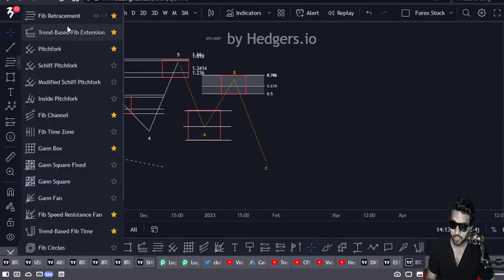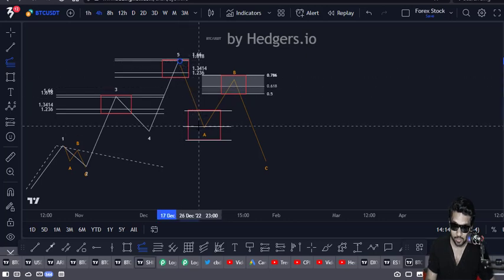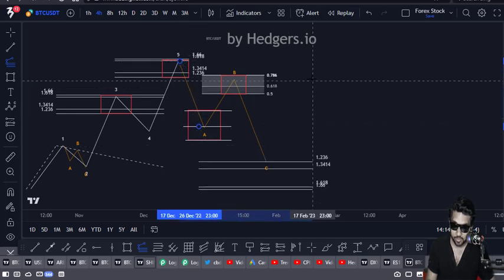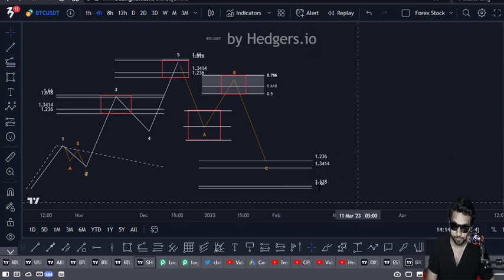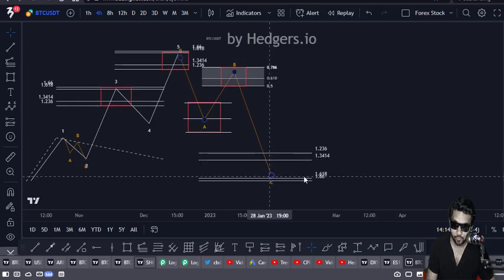For the wave C, it's pretty simple. You're going to take the same tool, trend based Fibonacci extension, and you're going to take the fifth wave and the wave A like this, and that is the target for your wave C.